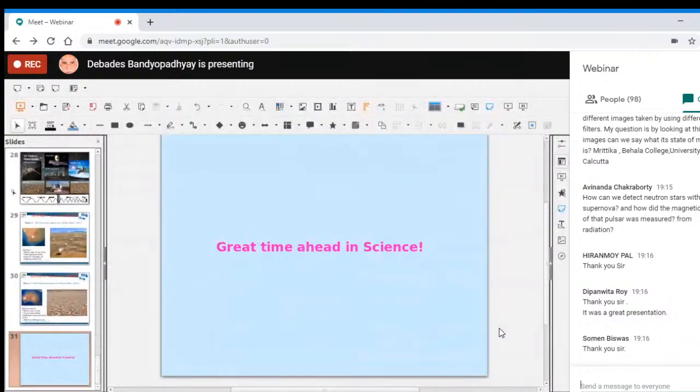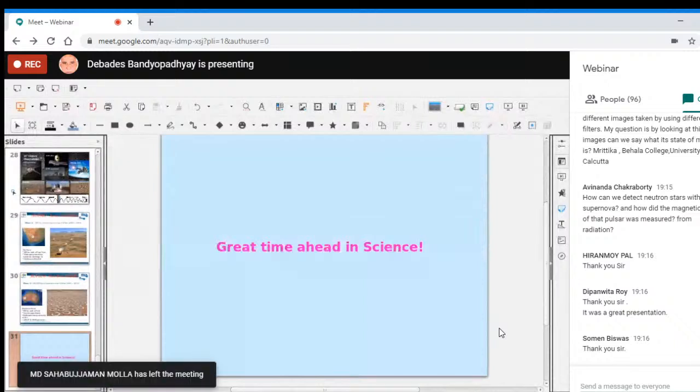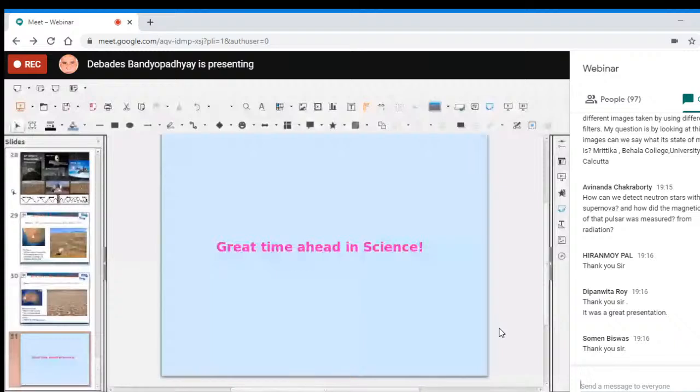Sir, one more question from Obhinanda Chakraborty. She is asking, how can we detect a neutron star within a supernova? And another is how did the magnetic field of the pulsar. Okay, just the first question: how can we detect the neutron star within a supernova?